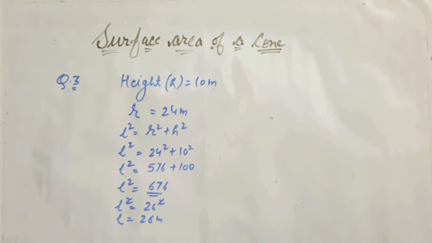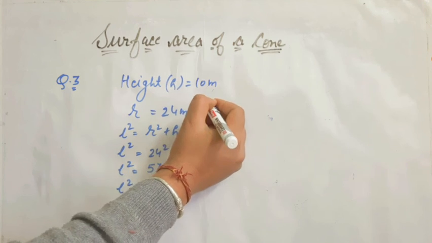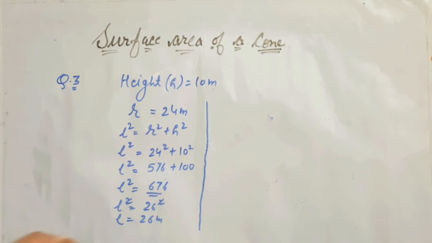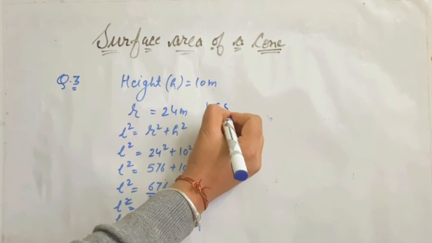Now find the cost of canvas required to make the tent if the cost of 1 meter square is rupees 70. So how much canvas is required? Because it is a tent, it will be open from the bottom, so we have to find the curved surface area.